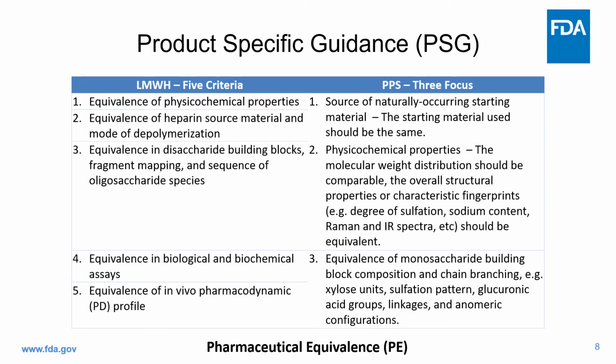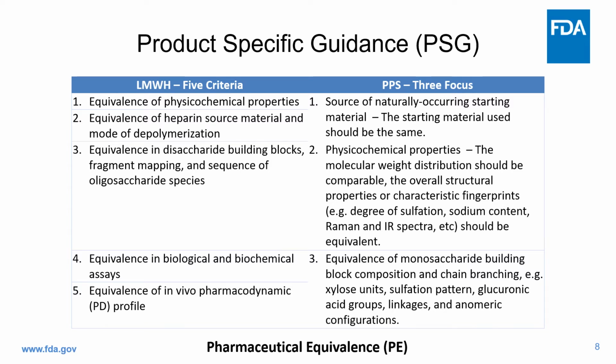To facilitate the ANDA applicant develop the generic version of such complex mixtures, the agency has published product-specific guidance. We can compare the product-specific guidance for low molecular weight heparin and PPS. For low molecular weight heparin, 5 criteria are recommended. First, you should demonstrate the equivalence of physical-chemical properties.